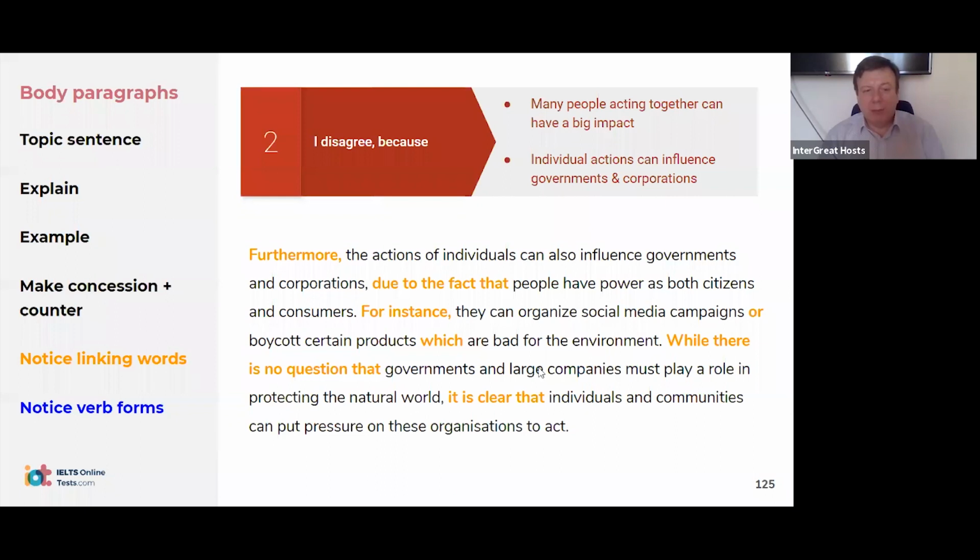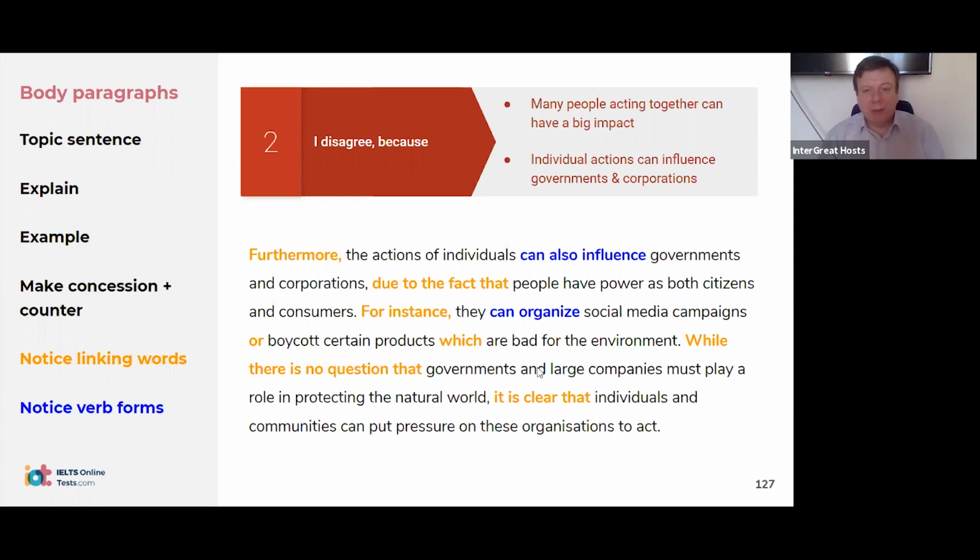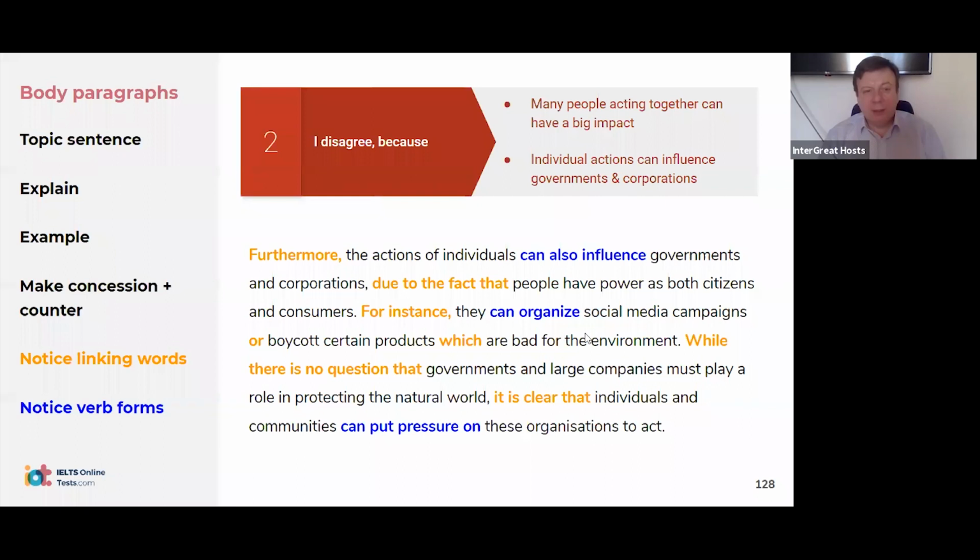Okay, verb forms: can also, can organize, can put pressure on.